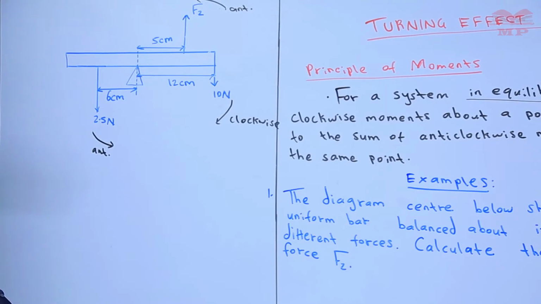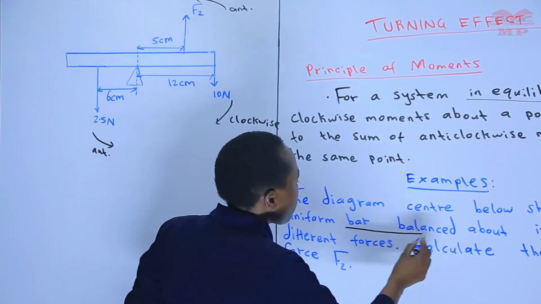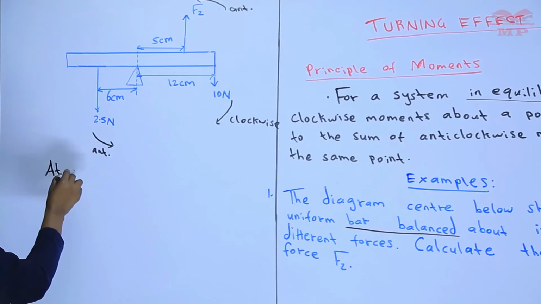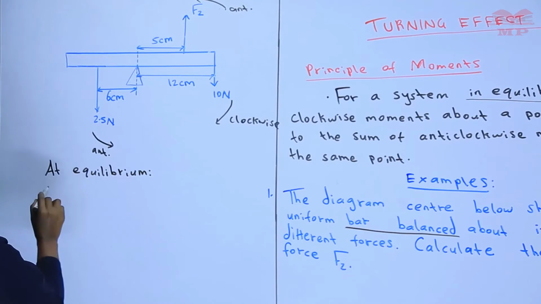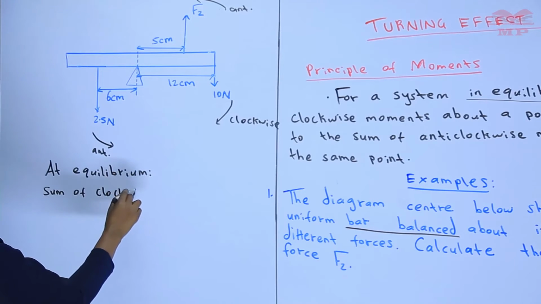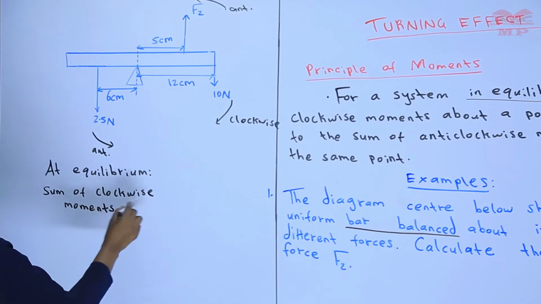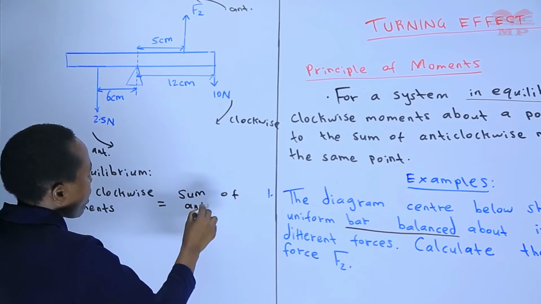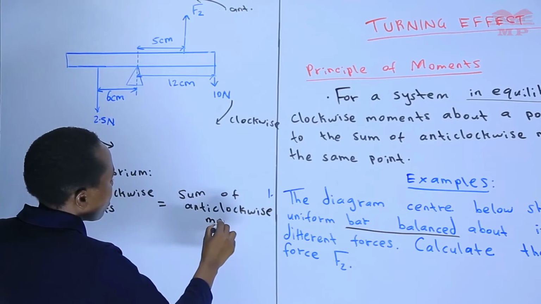So we want to start by stating the principle of moment, because we are told that the bar is balanced. So we'll start by saying that at equilibrium, sum of clockwise moments is equal to sum of anticlockwise moments.